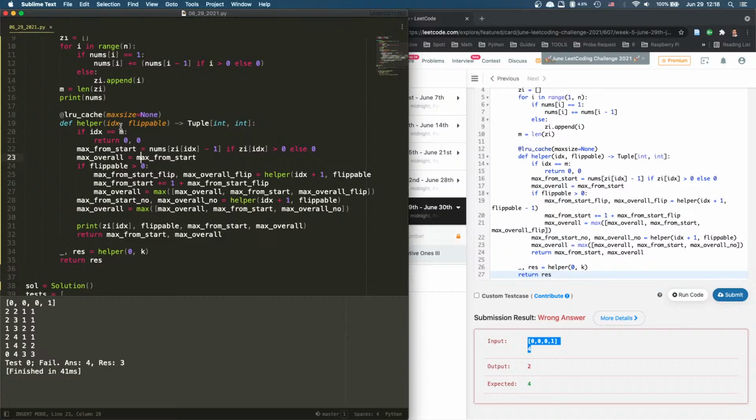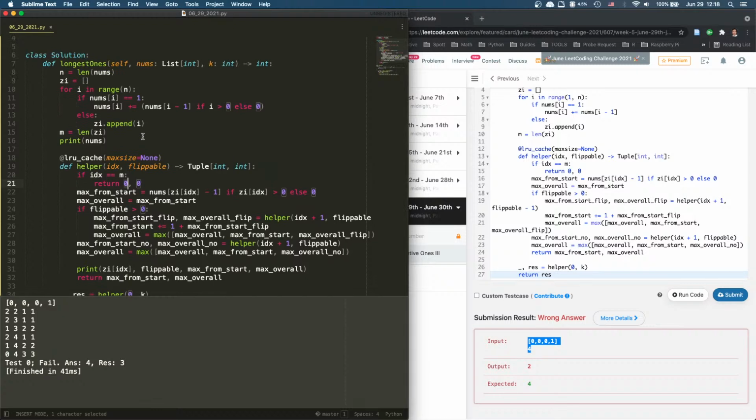So if index equals m, I should not return 0, 0. I shall return... ooh, this is a good question. What should I return? Basically, go to the end. It depends.